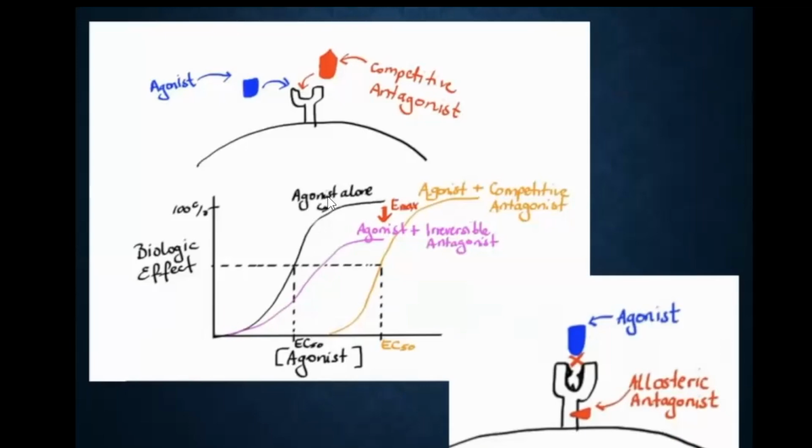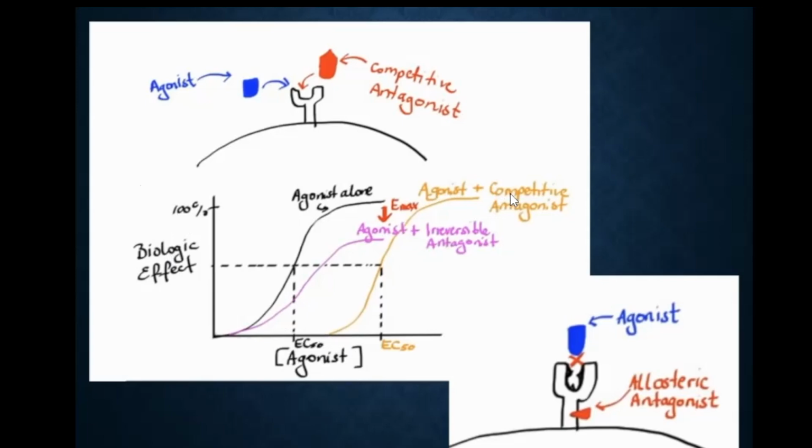So if you look at it, this is agonist alone. Okay, your acetylcholine receptor alone, you get 100% biological effect, contraction. Then you have a competitive antagonist. When you have an agonist plus competitive antagonist, you can still reach the 100% biological effect, but you have to increase the concentration of agonist.